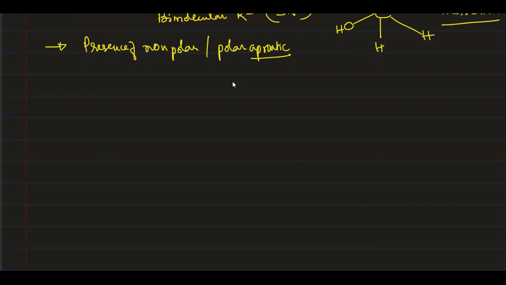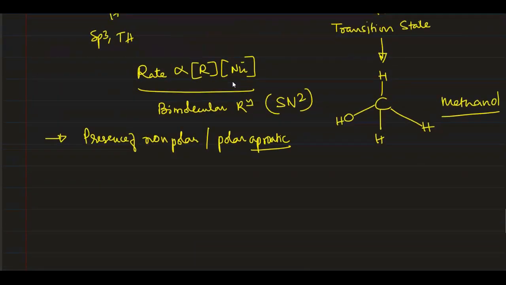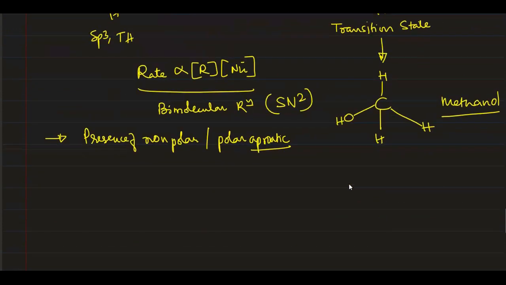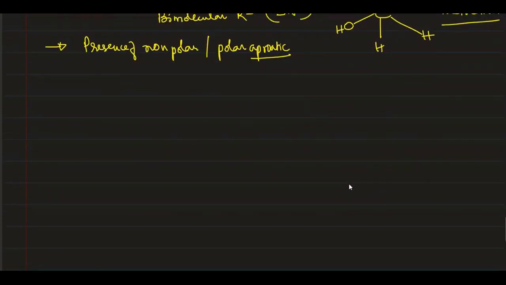What happens in protic solvents is, protic solvents generally tend to form bonds with the nucleophile. Protic solvents furnish H plus, which will try to bond with the nucleophile, hence reducing the reactivity of the nucleophile. So the reaction rate gets reduced. That's why we always prefer non-polar, weakly polar, or polar aprotic solvents in this case.